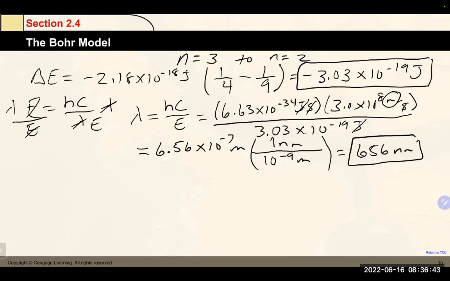At this point, we can get the frequency using this equation, or we can, like we did on the previous one, use this other equation because we have both of those numbers. It is just your preference, whichever way you want to go. I'm going to use this one.